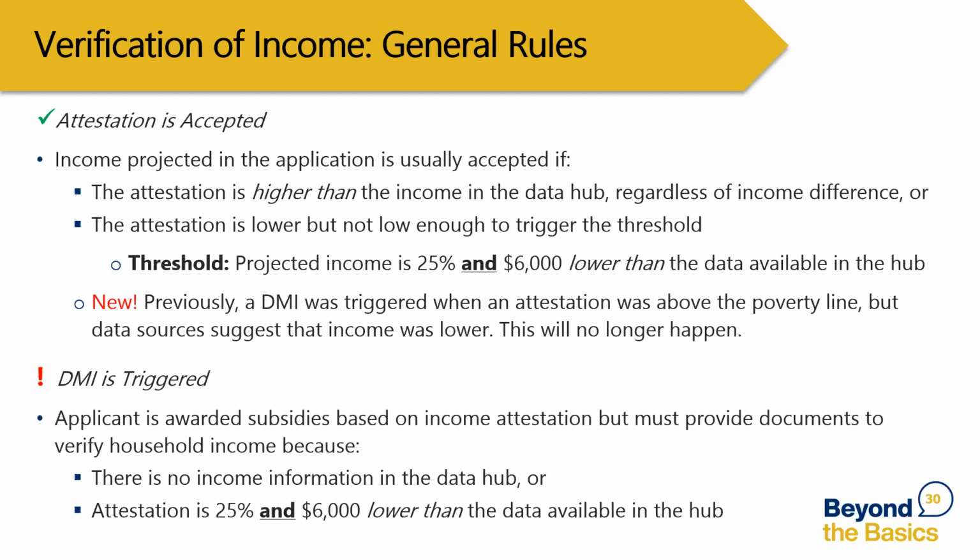An applicant is awarded subsidies based on their attestation, but they have to provide documents to verify their household income, either because there's no income in the data hub or because they failed that threshold test. The attestation is 25% and $6,000 lower than the data available in the hub. Next slide, please.